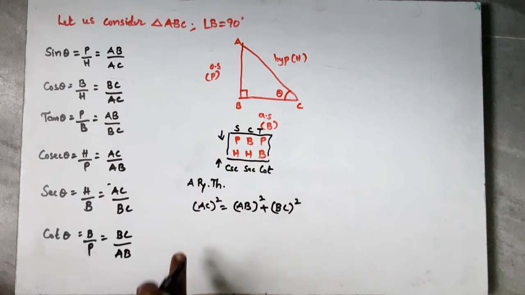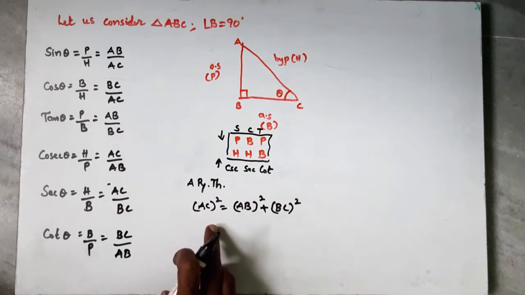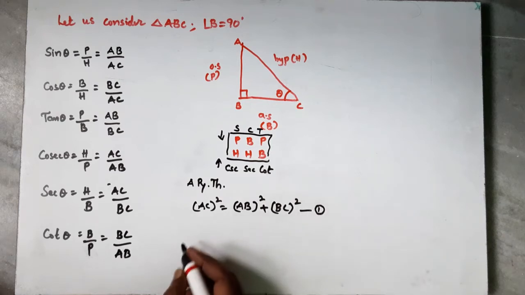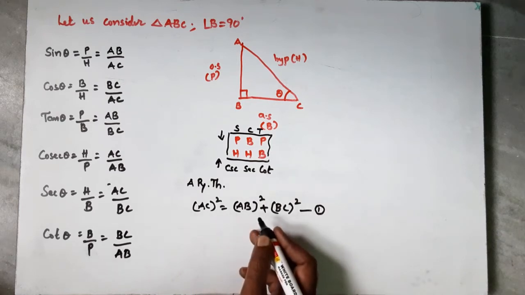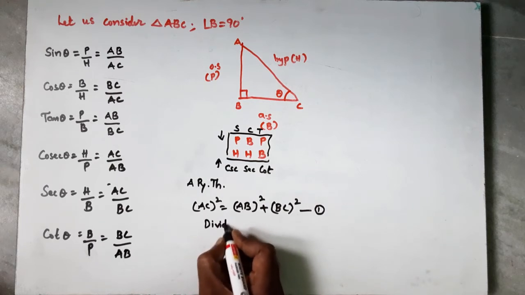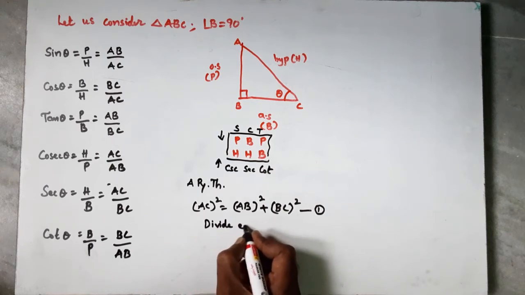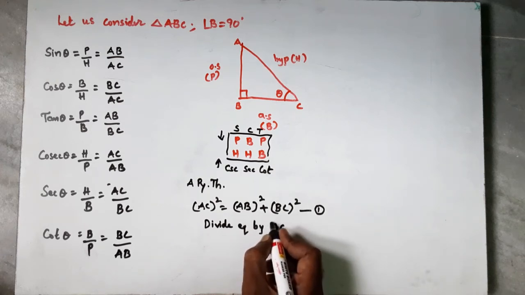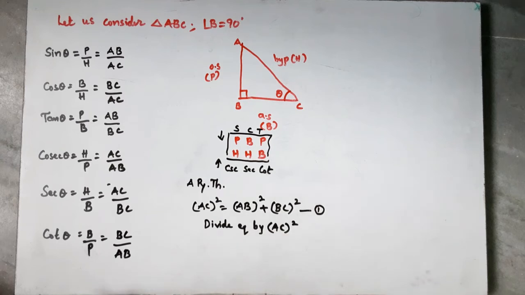Let us consider this as the first equation. Now divide the equation throughout by AC square.